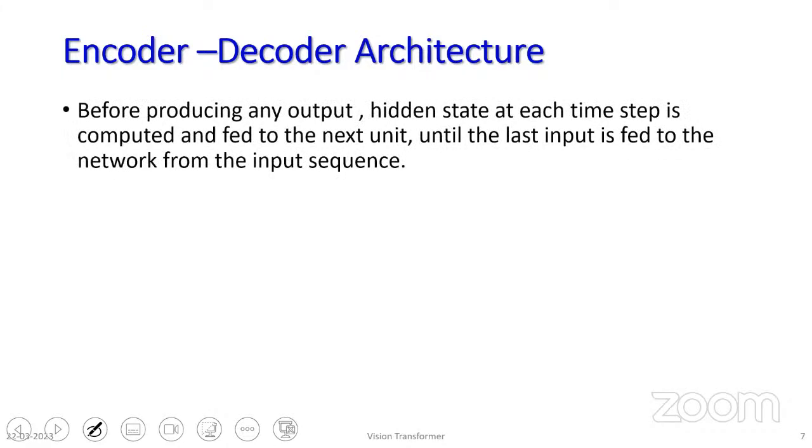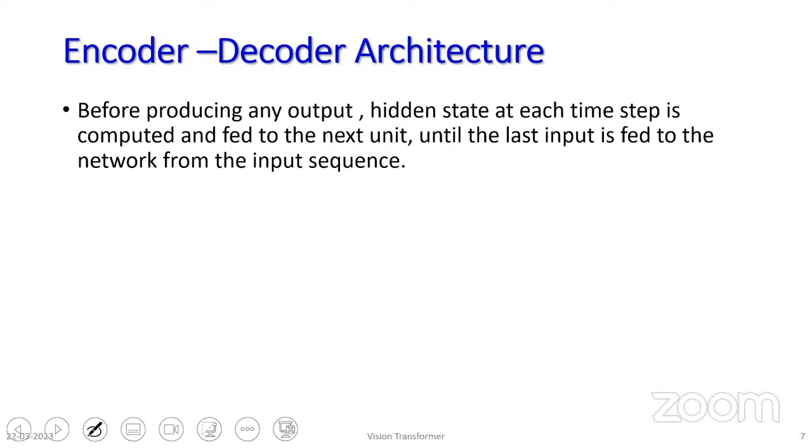So in encoder-decoder architecture, before producing any output, what happens? The hidden state at each time step is computed. Like in I arrived at the bank, I is a time step, arrived is the next time step, and so on. At each time step, the word goes to LSTM units.